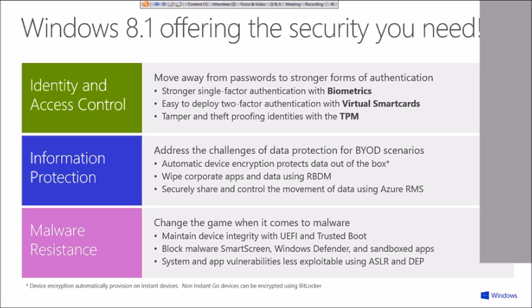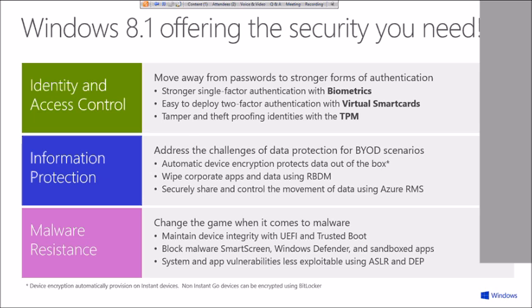If you look into information protection, it's really important for us to be able to protect corporate data as well, specifically looking into BYOD. That's why we made sure that device encryption will be part of any Windows edition we ship.